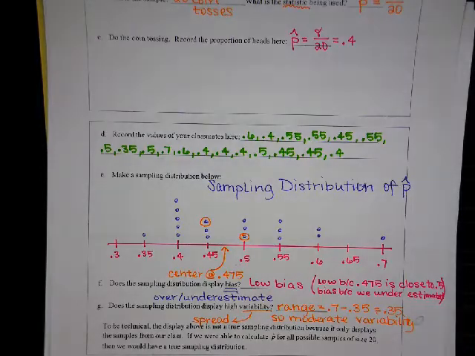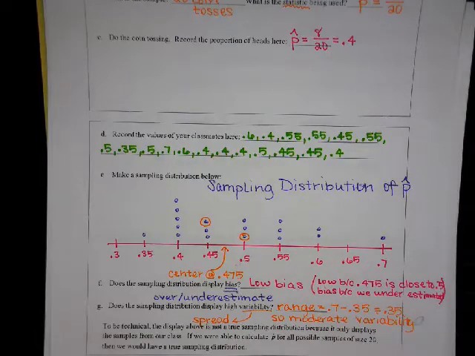And then I made a note at the bottom, just so I'm completely honest with you guys. Our sampling distribution is not a true sampling distribution, because remember I told you last time the definition of a sampling distribution is all the possible samples of the same size, which there's no way we could look at all samples of size 20 of coin tosses ever.